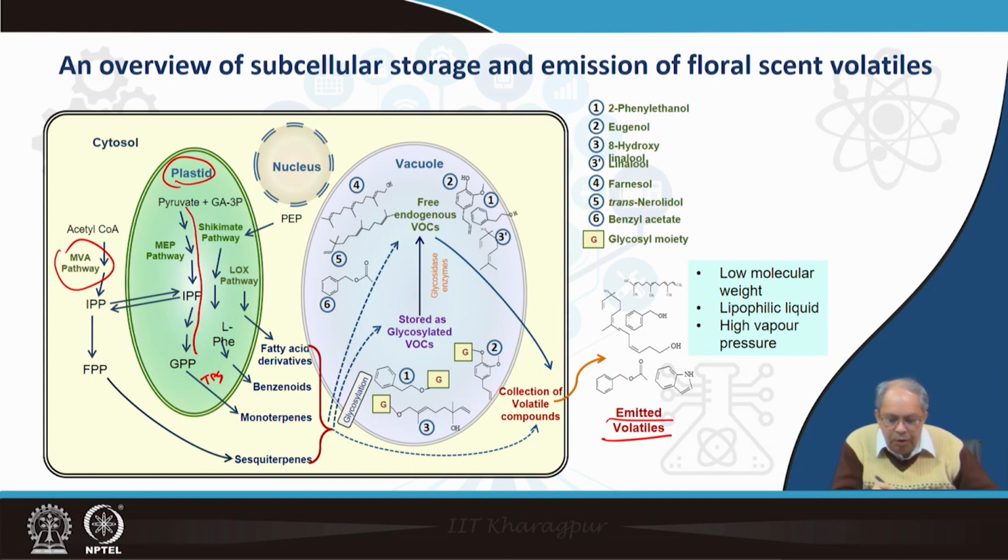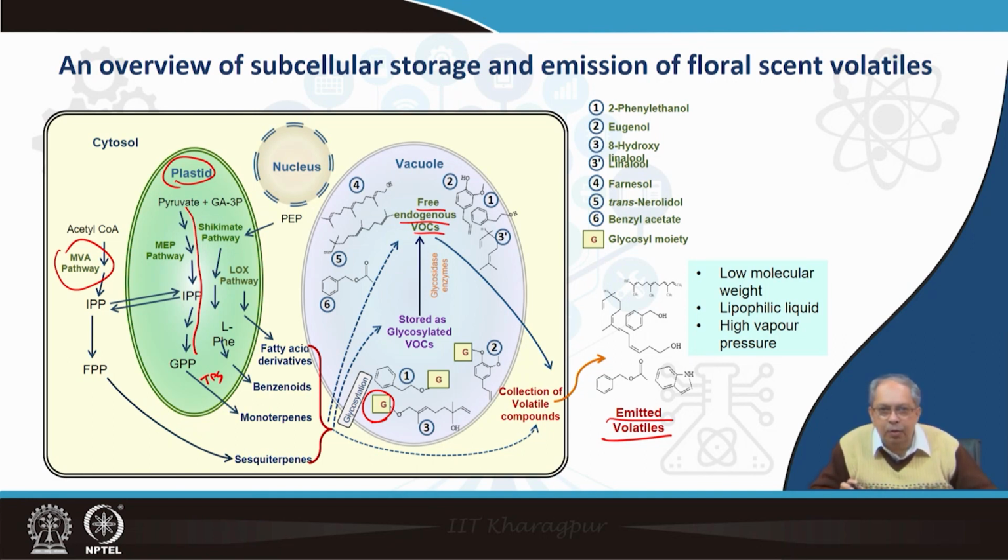They can be stored in the vacuole either as a free endogenous volatile, or we can call it a free internal pool, or they can undergo glycosylation, that is, they are linked with glucose, and then safely stored there.